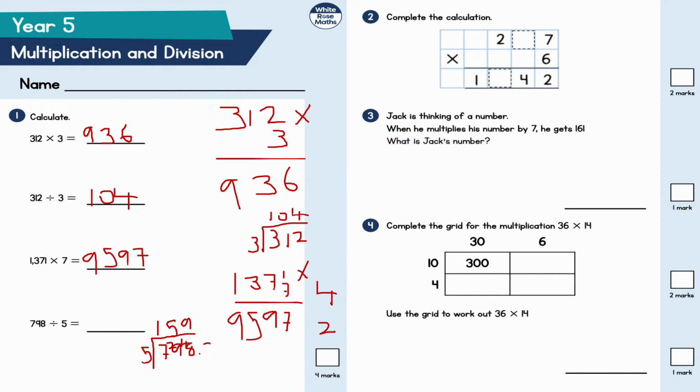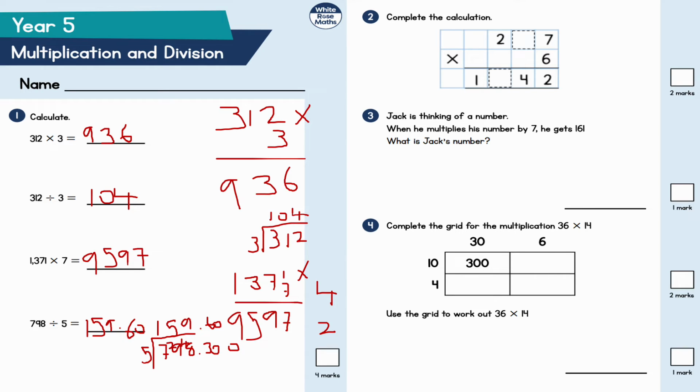So I'm going to put a point there, carry the 3 for the tenths column. 5s into 0.3 is going to be 0.6, and then I stop there. So it's 159.6, because it can't go any further after the 0.6 as there is no more remainder. But of course, if it goes on further, then you just put a placeholder of 0 and then carry that number there. But it's 159.6 or 159.60. Either way is fine.